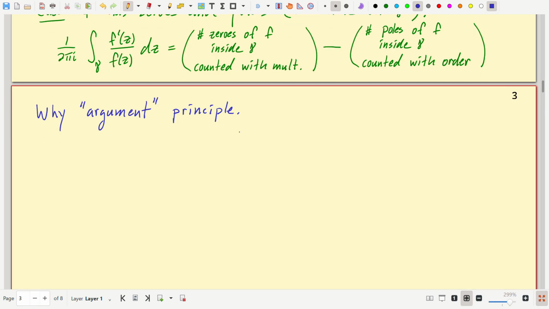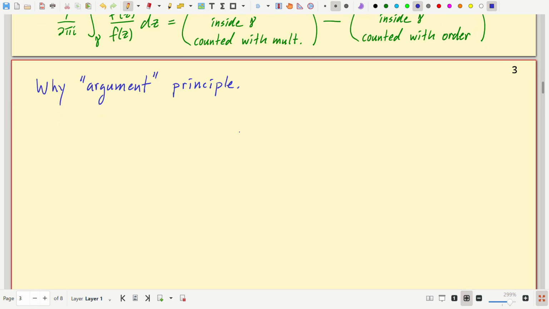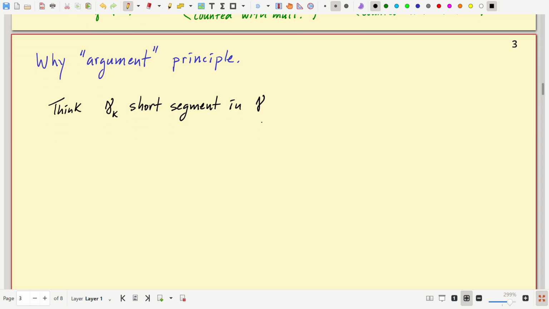Okay, so let's think of a little segment in gamma. Gamma k is a short segment in gamma. All right, so my picture of gamma k is going to be a little short thing.